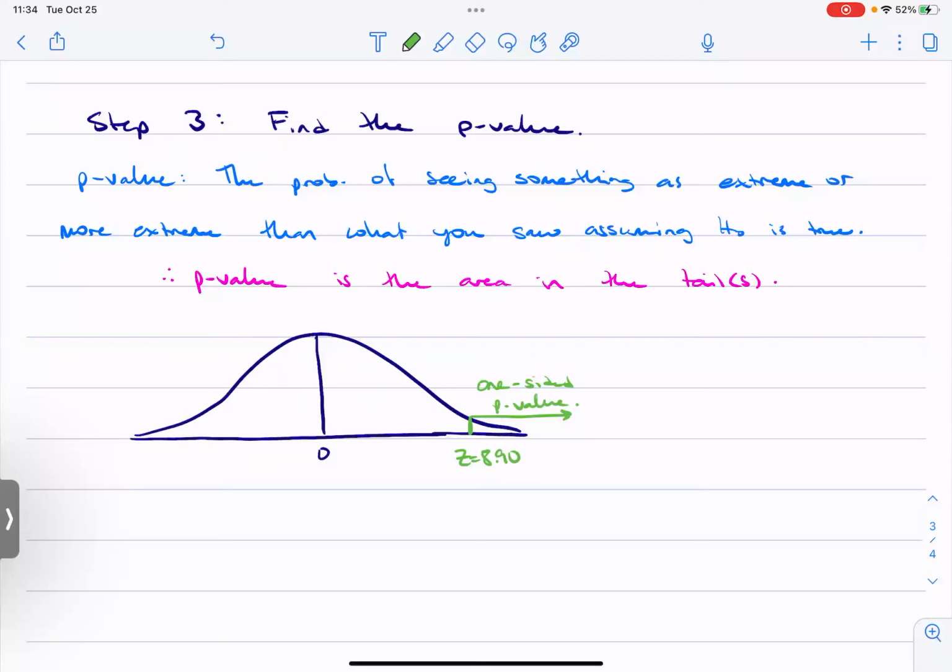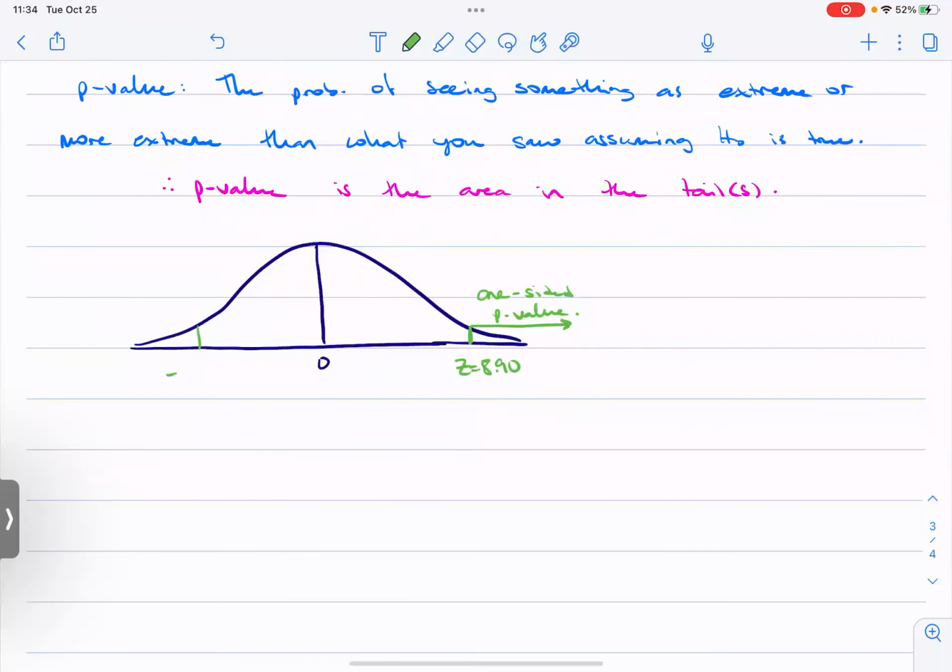But for a two-sided p-value, remember we have a two-sided test because we want to know, is p different from 0.5? So what we do is we just replicate what happened in one tail in the other tail. Remember, you only have one sample proportion, so it's going to happen in one of the tails, or on one side of 0. Regardless of whether it's the lower side, then you replicate it on the upper side, or in this case, it's on the upper side, so we replicate it on the lower side. Z is negative 8.90.